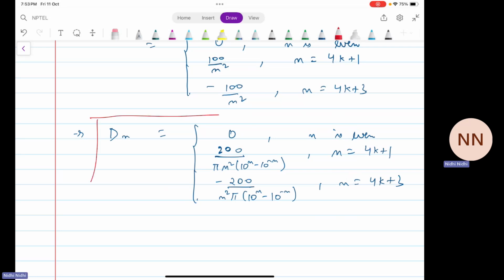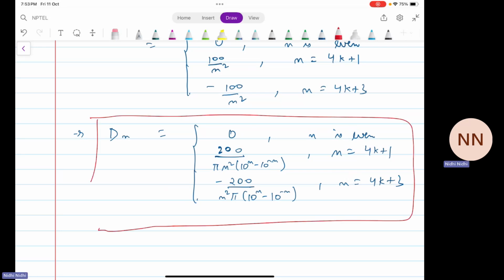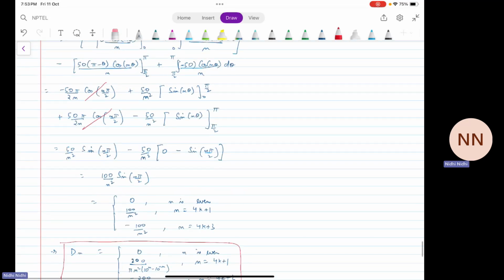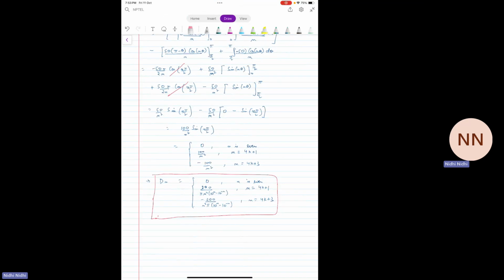So this gives our coefficient d_n, and we can put this coefficient back into the series to get the explicit form of this solution.